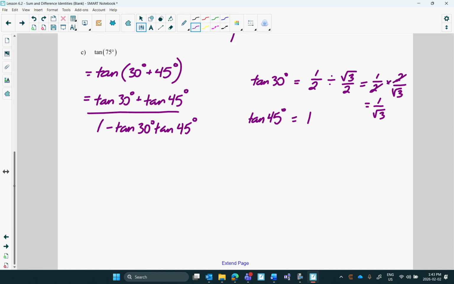So let's plug those in. Tan 30 is 1 over root 3 plus 1, all over 1 minus 1 over root 3 times 1. Well, here, I'll just write this first.